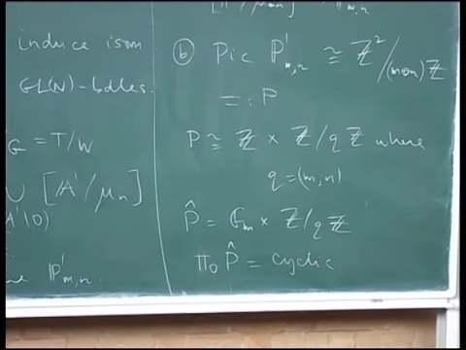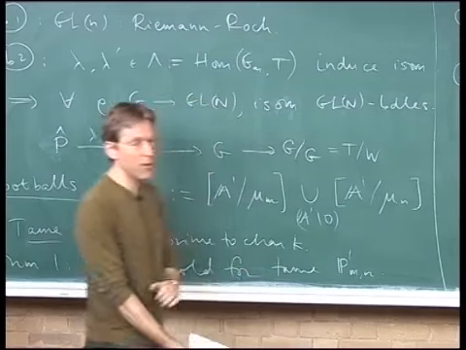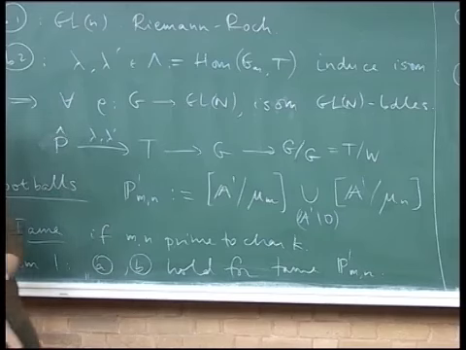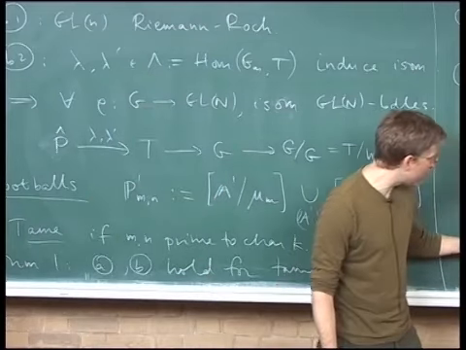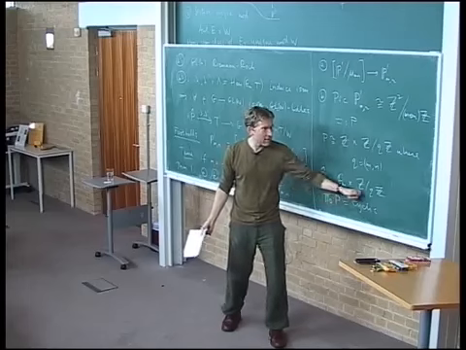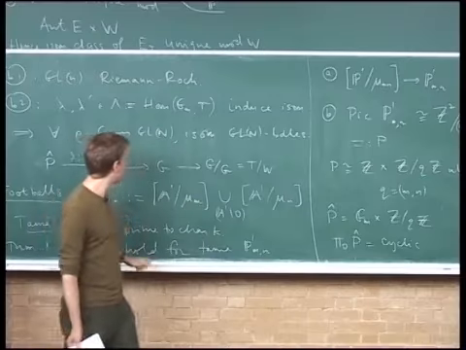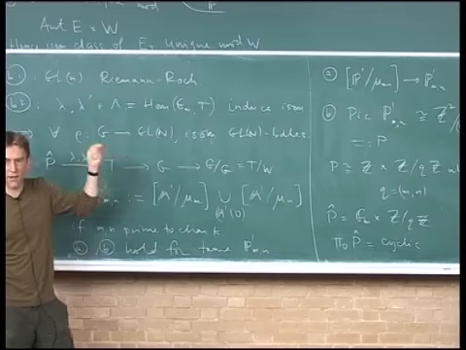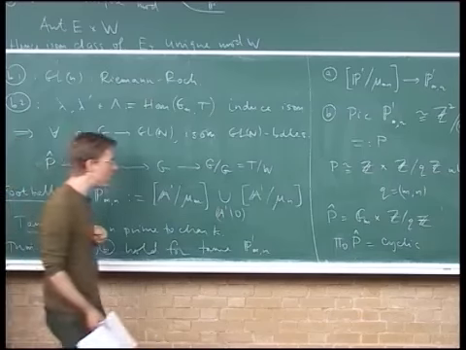I want to say, well, if I have two maps to here whose image in T mod W are equal, then they're actually equal modulo a global element of W. So how do I find that element of W? I choose the generator for this thing. I look at the generic point of that component. I look and see where it goes. It goes to two elements of T that are interchanged by some element of W, and that element of W will take all of lambda to all of lambda prime. That's how it works.